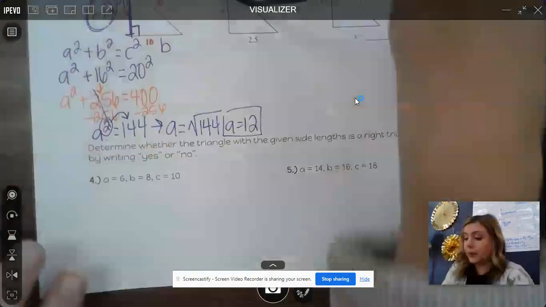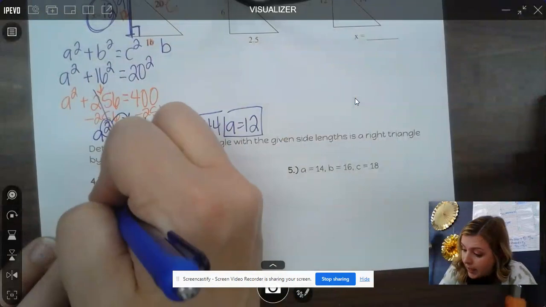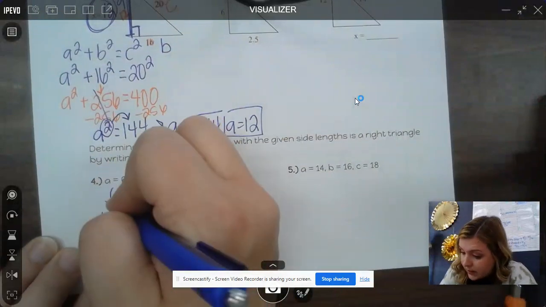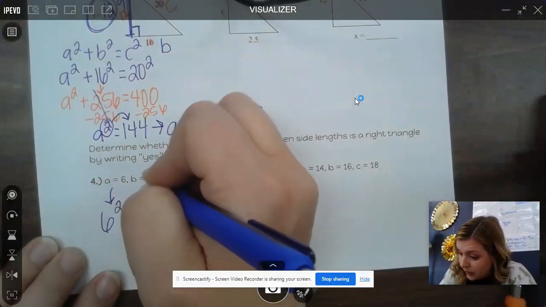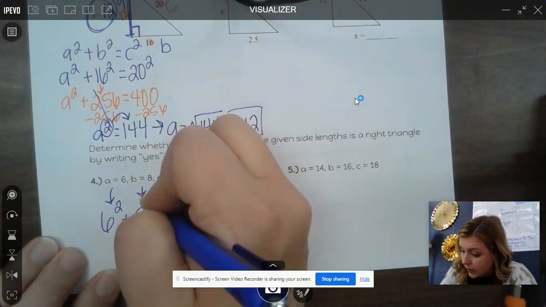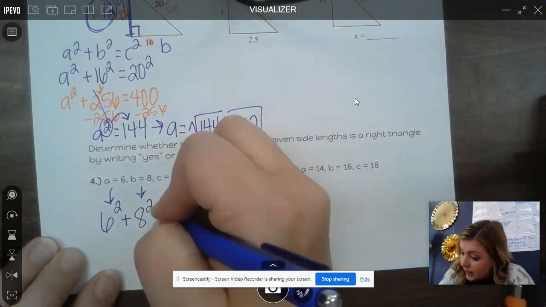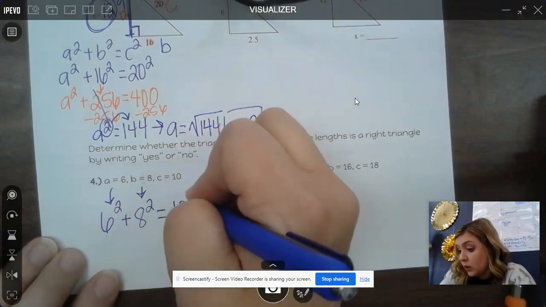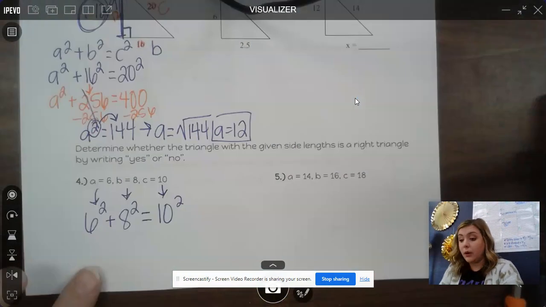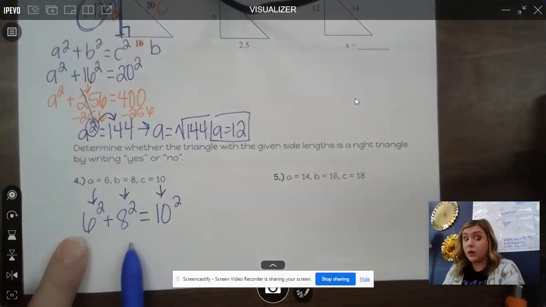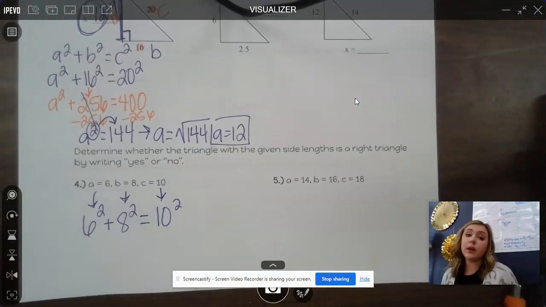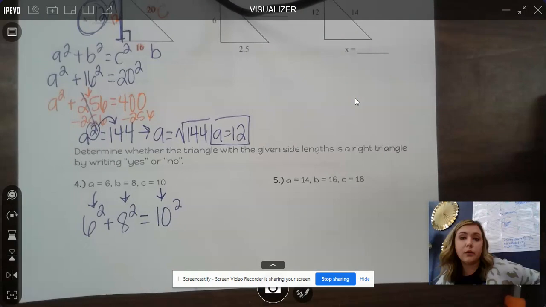I'm going to simply plug in what my A, they want to say 6, so I'm going to say 6 squared, plus my B, they're saying 8 squared, and then they're saying that would equal 10 squared. So if this checks out to be true, the value of this squared plus the value of this squared equals the value of this squared, then that triangle is a right triangle. We don't need a picture to see that. It checks out to be true.